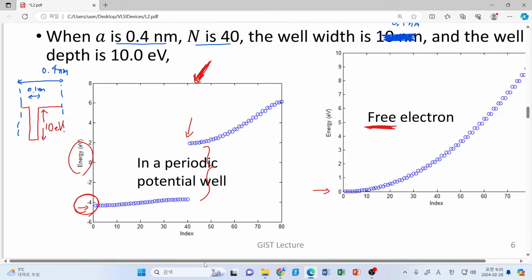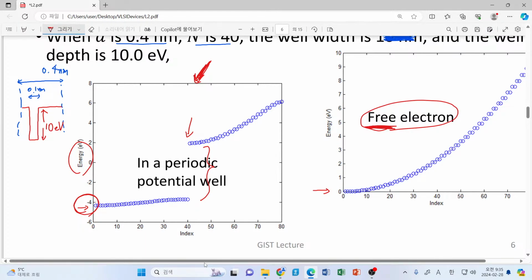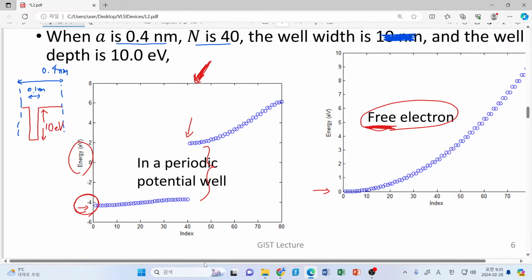Okay, so what is your opinion? By introducing certain periodicity, our energy versus index graph is fundamentally changed. Without any potential, or without periodic potential, it looks like just a parabola everywhere.